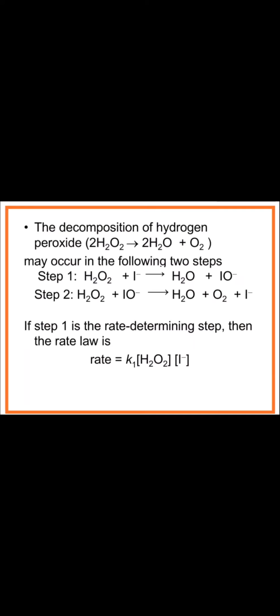In the first step, H2O2 reacts with iodide ion forming H2O plus IO minus, that is the slowest step, the rate determining step. The rate of the reaction depends on this first step because it is the slowest step. So the rate is equal to k times the concentration of H2O2 and the concentration of I minus. Here I minus does not appear in the overall reaction.